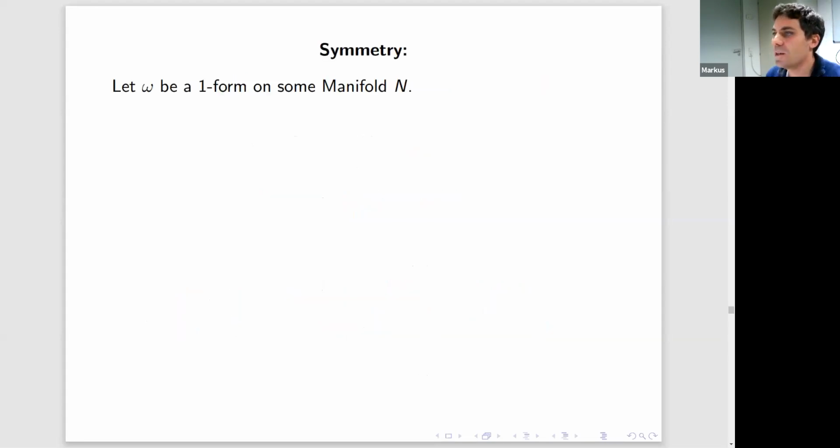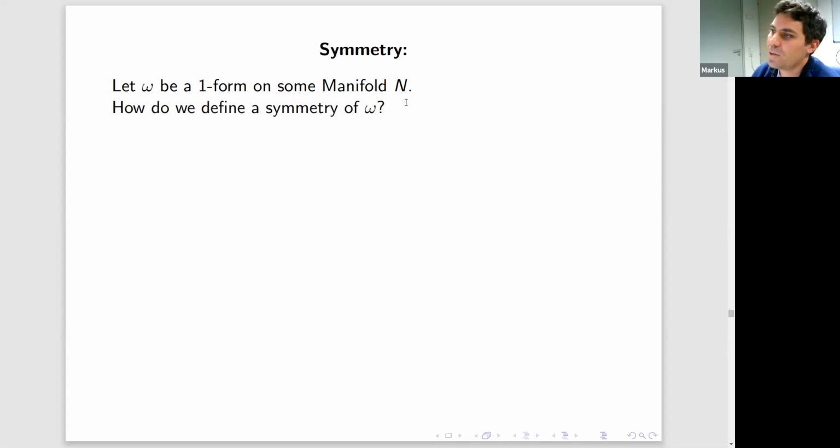variational things. And now let me tell you a little bit more about the symmetry on one slide, so it's not so complicated. So let's make an analogy again. Let's consider omega just a one form on some manifold N, not on M or E, just a one form on some manifold.